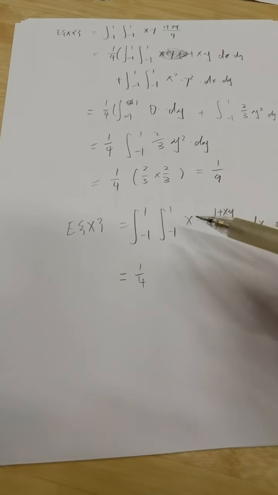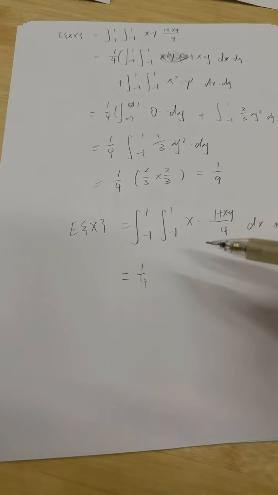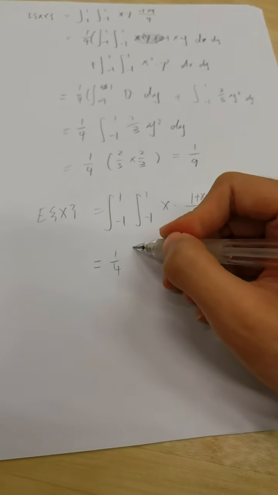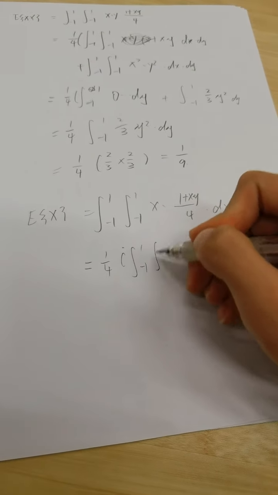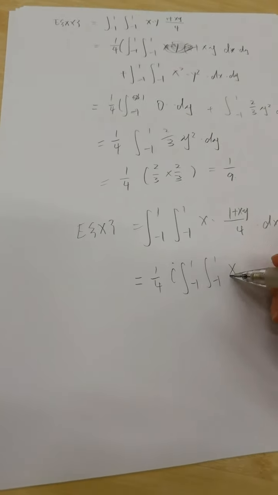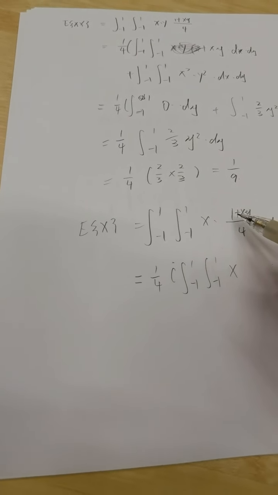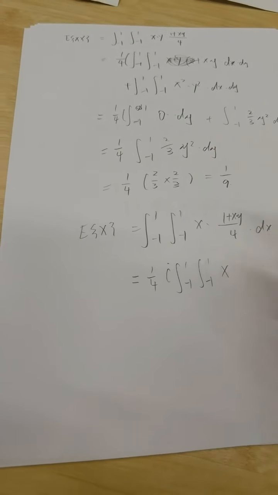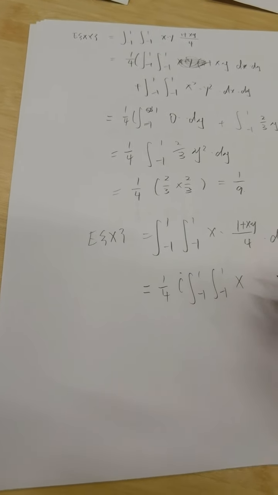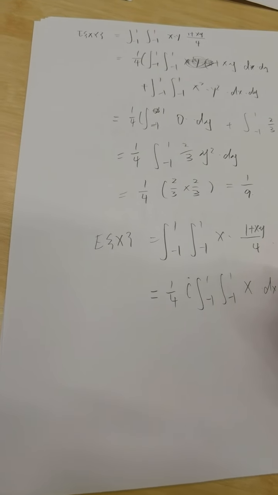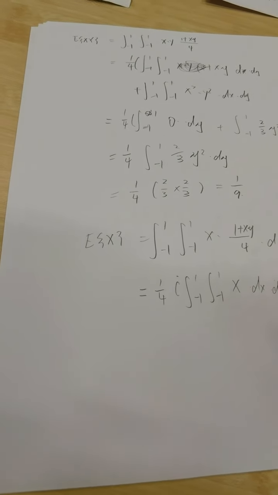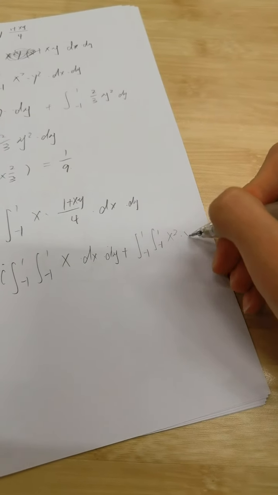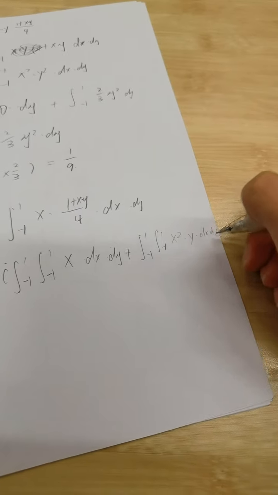To make the calculation easy, we use the same idea as before and separate it into parts. x times (1 plus xy) becomes x plus x squared times y. So it's the integral of x dx dy plus the integral of x squared times y dx dy.